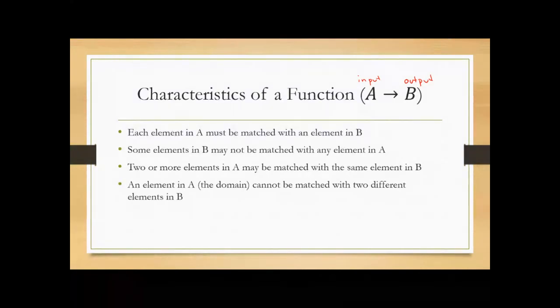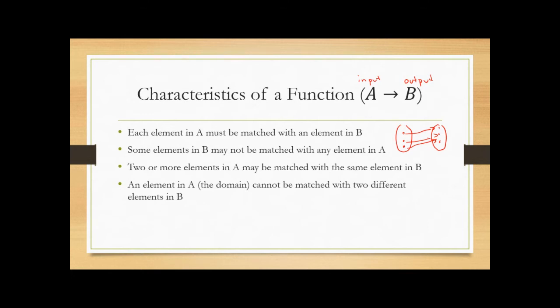If I have a series of numbers, whatever they are, everything in A has to go somewhere. Whoops, I did not draw a function. Each thing in A goes to something in B, but it doesn't have to go to everything in B. You could have things in the output that don't have a number that goes with them, and that's okay.